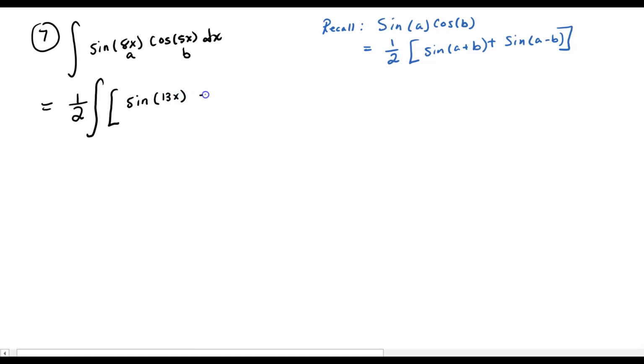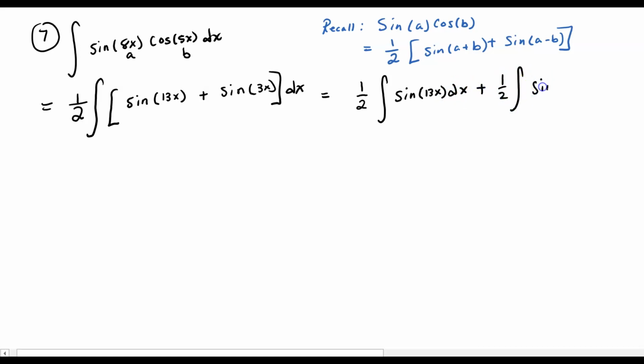All right, plus sine of a minus b, so 8 minus 5 is 3x, and then I'm going to write a dx. Cannot forget the differential. So everything has a 1/2 on the outside, so I'm going to split up these integrals. First, I'm going to write it as half of the integral of sine of 13x dx plus half of the integral of sine of 3x dx.